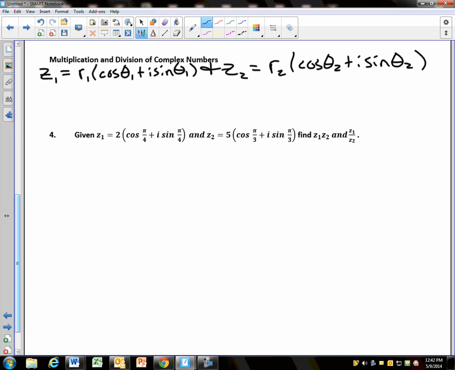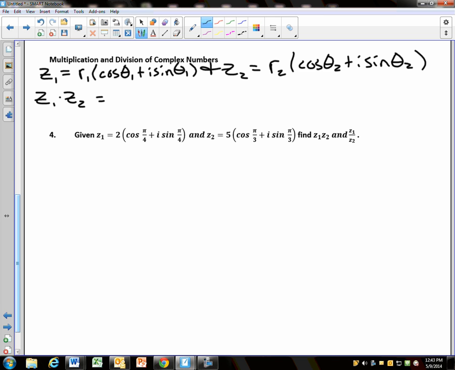And what we want to do is we want to learn to multiply and divide those. So given Z1 is that and Z2 is that, the question is, what is Z1 times Z2?